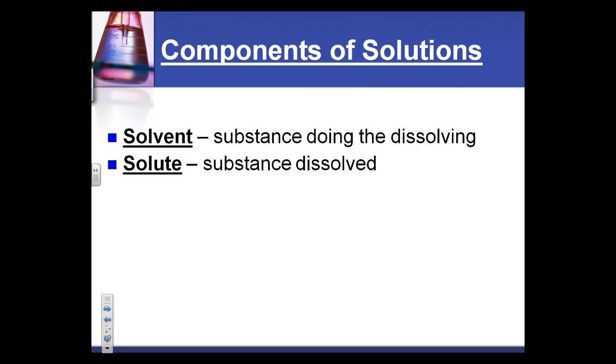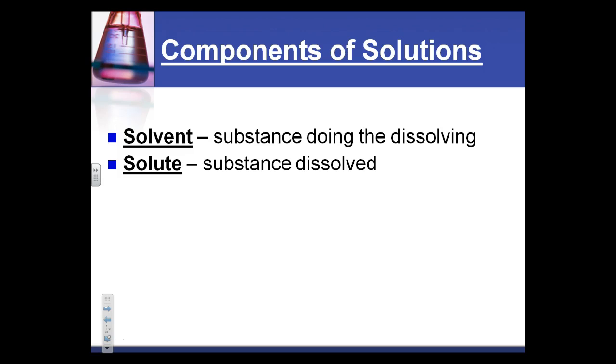Solute is the substance being dissolved. Now, we're going to get into some math later on in this chapter that does require us to know the difference between a solute and a solvent. And you will have to get those clues from the context of the problem. Solute will be the substance dissolved. So it might say that you have calcium chloride dissolved in water.